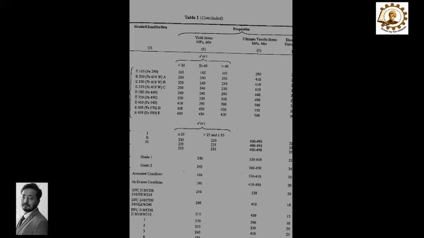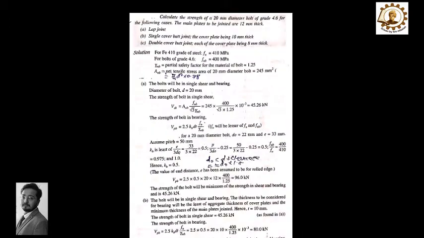For Fe410 grade steel, look, the ultimate tensile stress in column 5 is 410, and the unit is MPa, that means Newton per millimeter square. So Fu is 410 MPa and Fub is 400 MPa as per Table number 1, IS 800:2007.